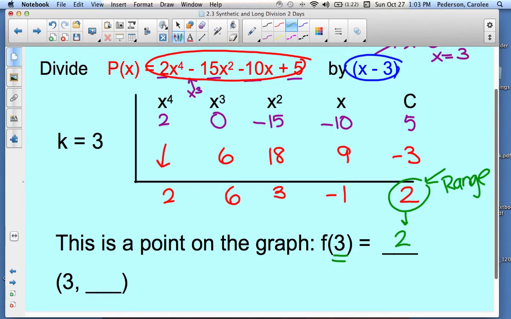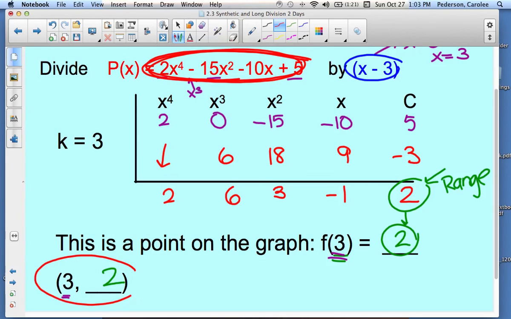Or, as an ordered pair, 3 and then 2. So if you wanted to take the time to graph this red polynomial, you would get an ordered pair, 3, 2, that's on the graph. So that's one of the important things of synthetic division. I can find ordered pairs on the polynomial.